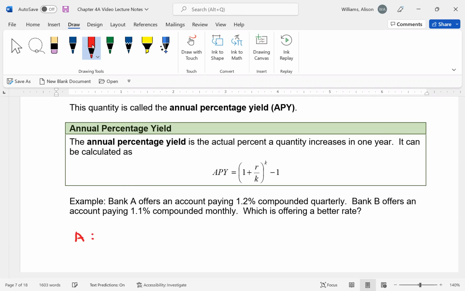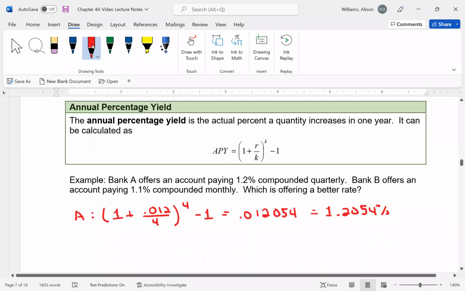For Bank A, we will plug in 1 plus 0.012, since it's quarterly, divided by 4, to the 4 minus 1. Let's calculate that. That's going to be 0.01254, or as a percent, 1.2054%. Okay, so that's what I got.